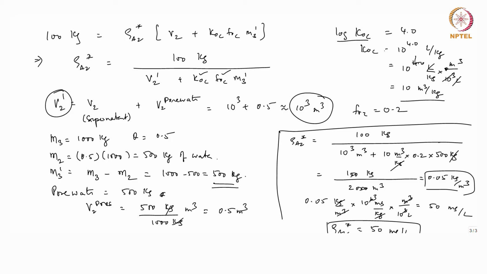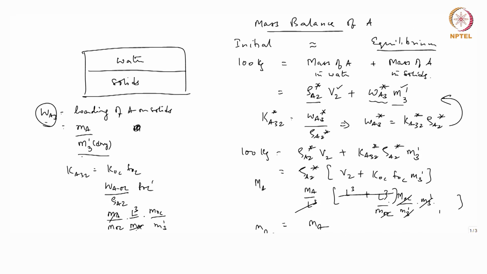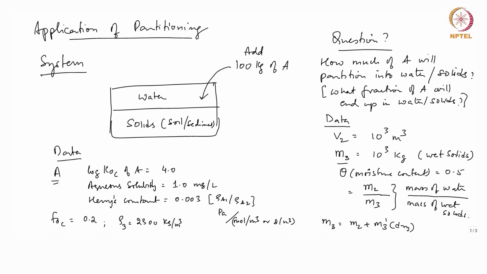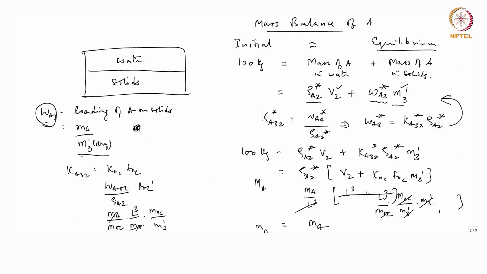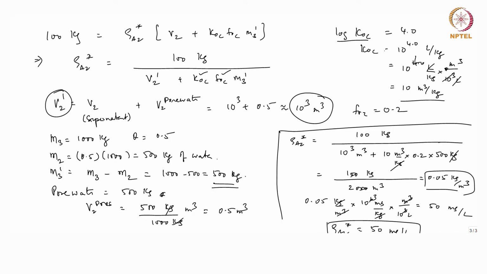Whenever you get concentrations in water, you compare it against the data I have given you in the problem. What is the data? Solubility. Solubility I have given you as 1 milligram per liter, and we have calculated rho A2 as 50 milligrams per liter.